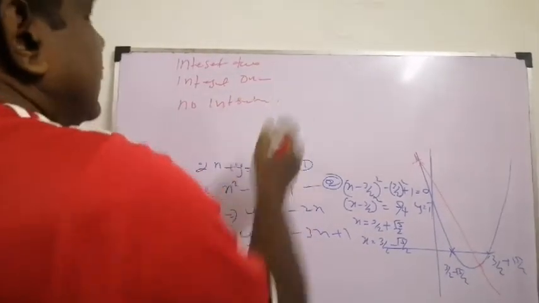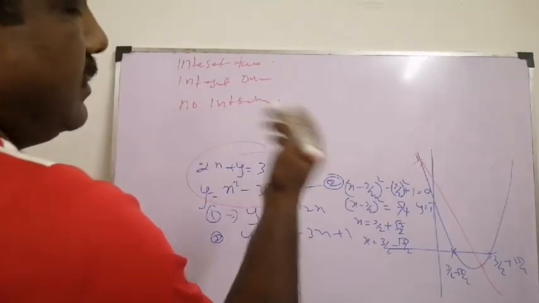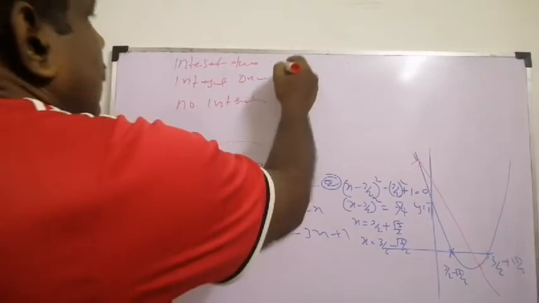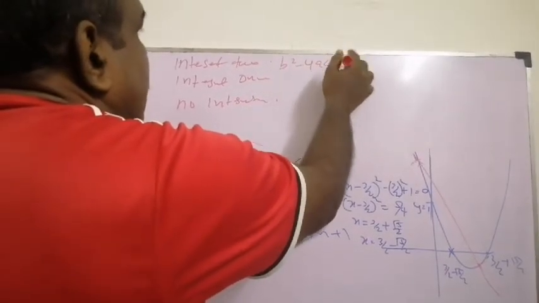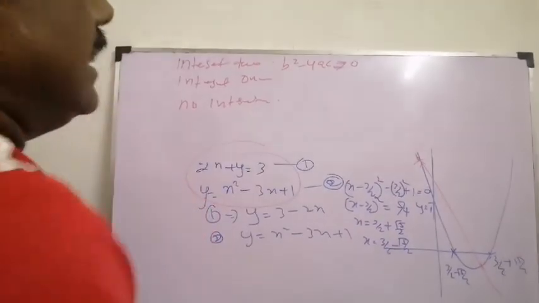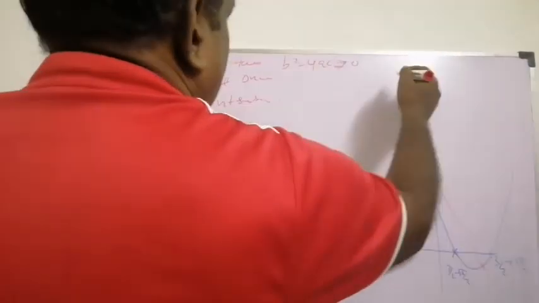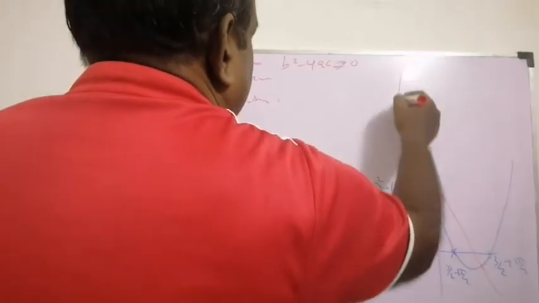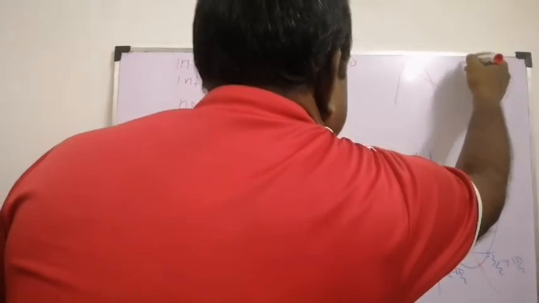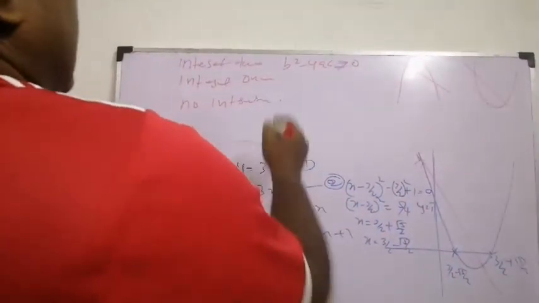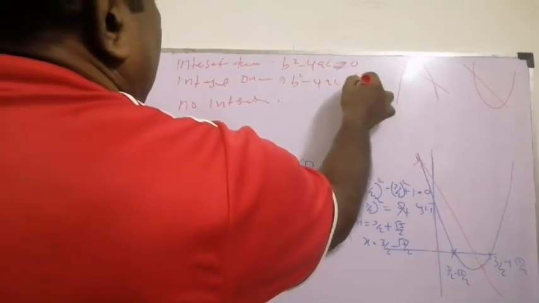So this condition is going to be when these two combine together, there will be a quadratic equation. In that quadratic equation, b squared minus 4ac is greater than 0. Then there will be 2 chances. According to the graph we know, either the graph comes like this and intersects, or else the graph comes like this and intersects. Next one is going to be b squared minus 4ac equal to 0.